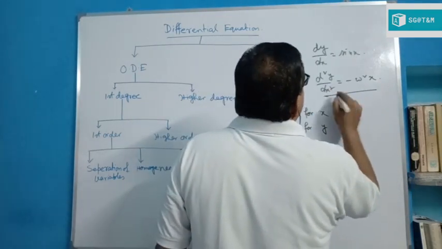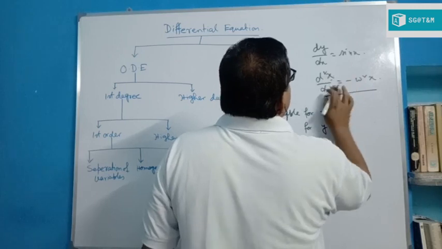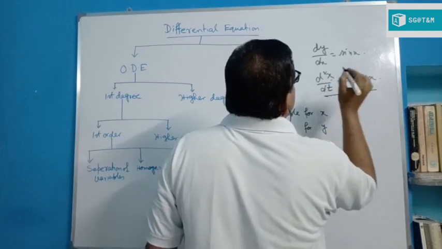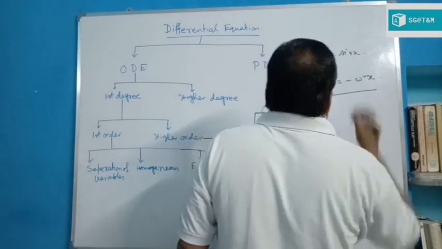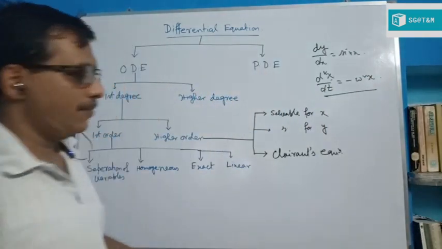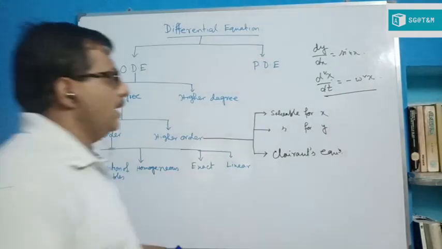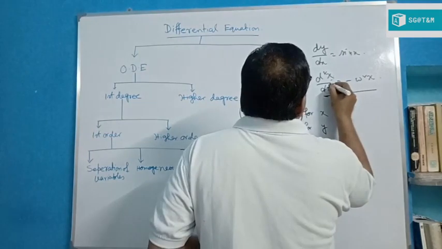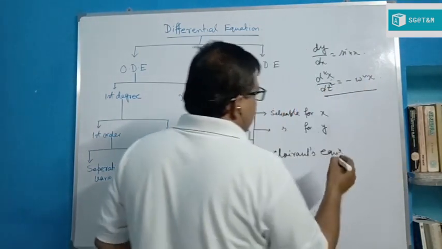Or if we write d2x/dt2 in variable x and t is equal to minus omega square x, this well-known equation is the equation of SHM.